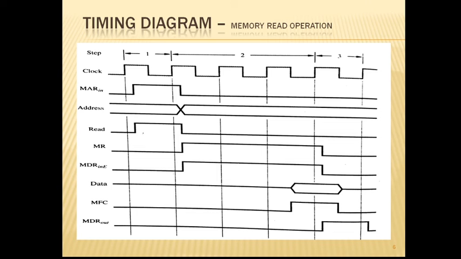Thus the data received from the memory are loaded into MDR at the end of the clock cycle in which the MFC signal, the memory function completed signal, is received. In the next clock cycle, MDR out will be activated to transfer the data to register R2. So the memory read operation requires only 3 steps, because we have combined the first 2 steps and the last 2 steps.